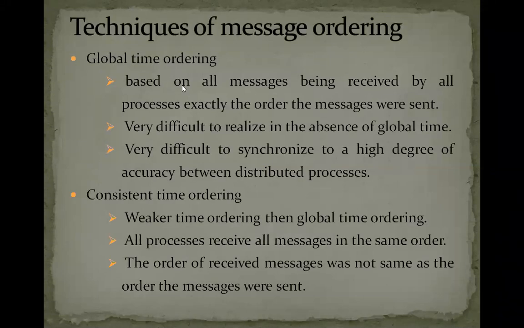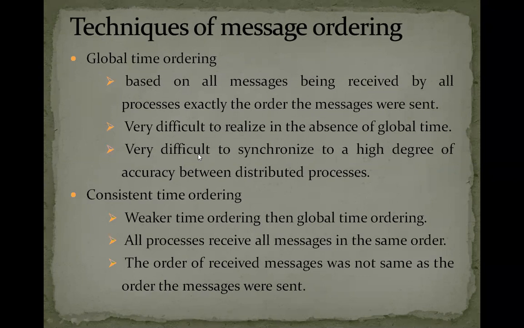Now, as we know, the ordering of the message is a very important part of the distributed system. As far as the global time ordering is concerned, it is based on the messages being received by different processes exactly in the order in which the message was sent.